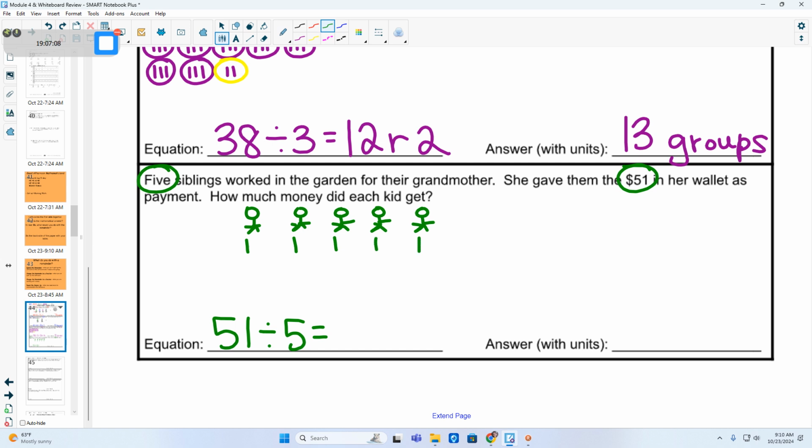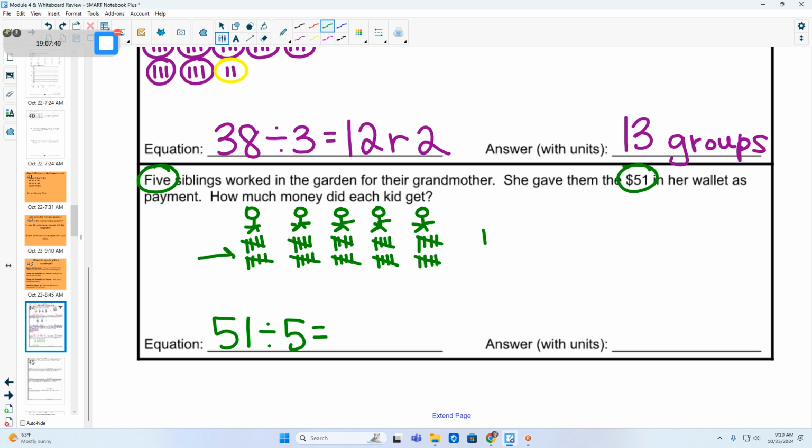So that's $5. 6, 7, 8, 9, $10, and so on up to $25, and on up to $50 with $1 left over.